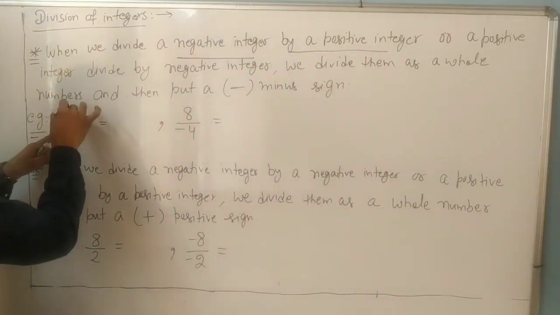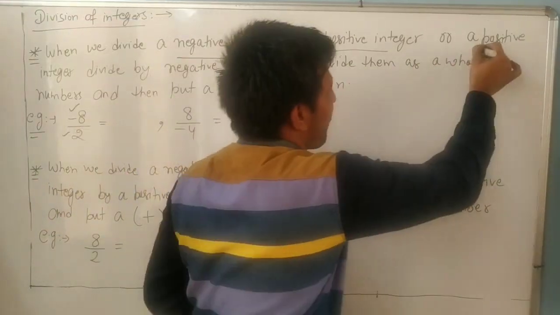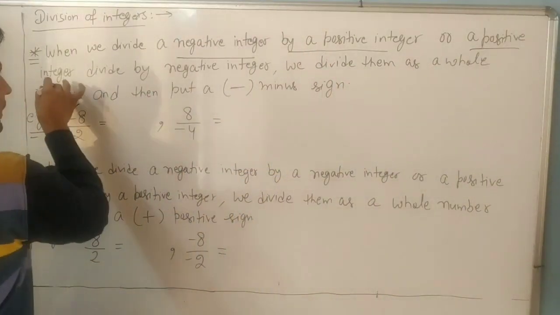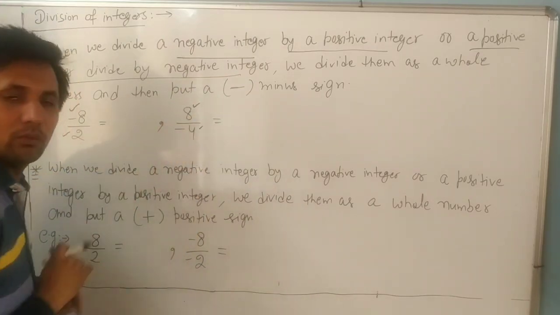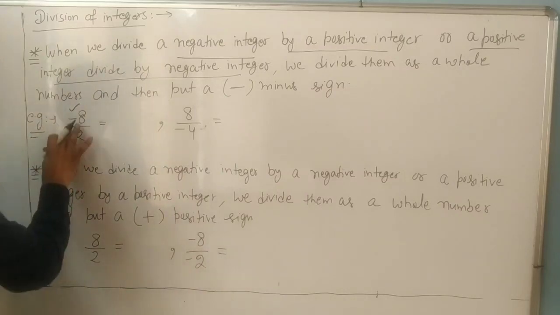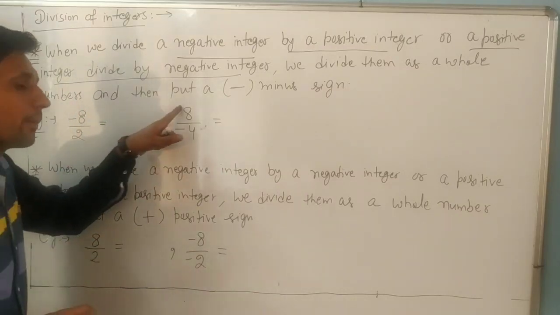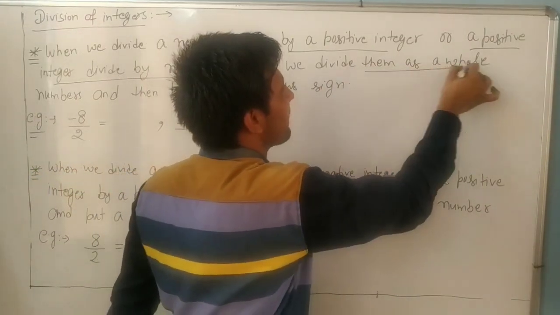Yes, it is a negative divided by a positive integer, or a positive integer divided by a negative. Okay dear? When we divide one negative by a positive or a positive by a negative, what will we do? We divide them as a whole.